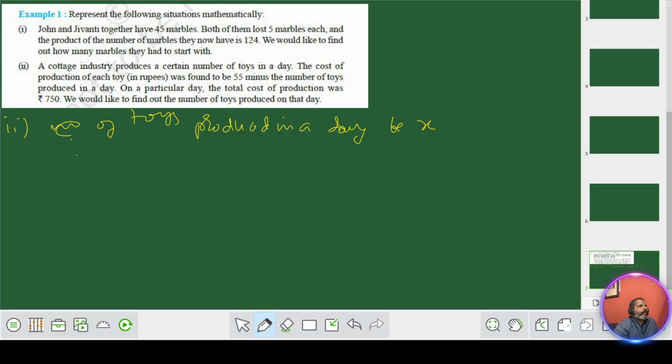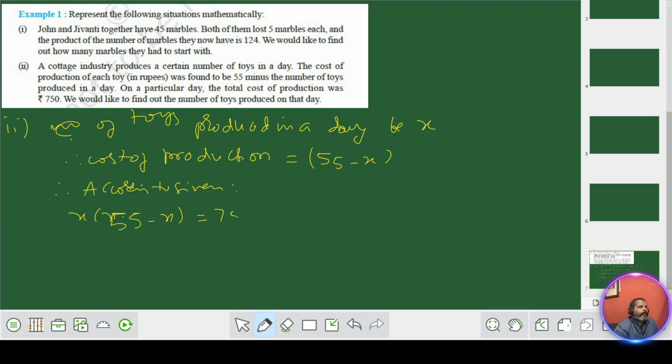So the cost of production is 55 minus x, they told. That is 55 minus the number of toys. On a particular day, the total cost of production was 750 rupees. Means the number of toys produced times the cost of production is 750 rupees. Therefore, according to the given, x of 55 minus x is 750 rupees.